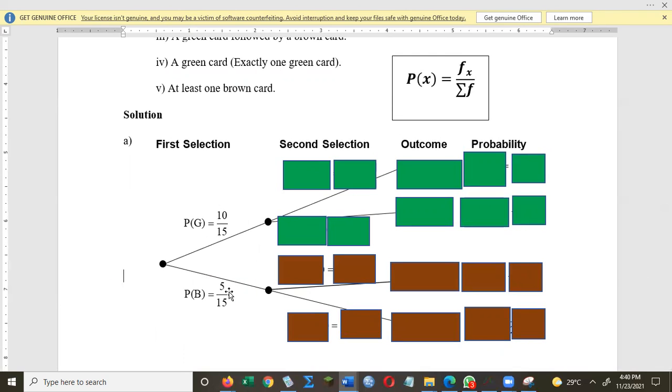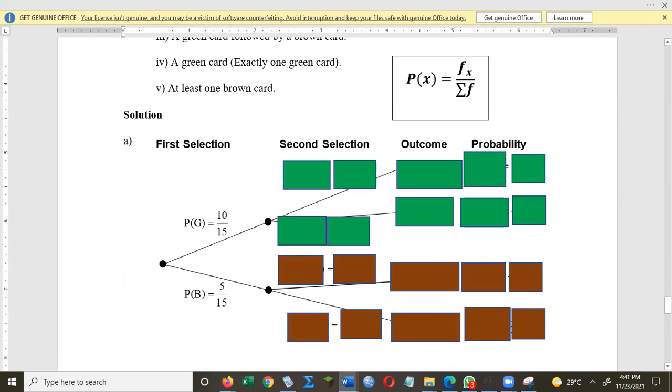Okay, and if you want to verify, remember, green or brown, or means we have to add. So 10 over 15 plus 5 over 15 should give us 15 over 15, because we said that the fundamental rule again for the tree diagram, across each node, when you add the probabilities, it must add up to exactly 1.